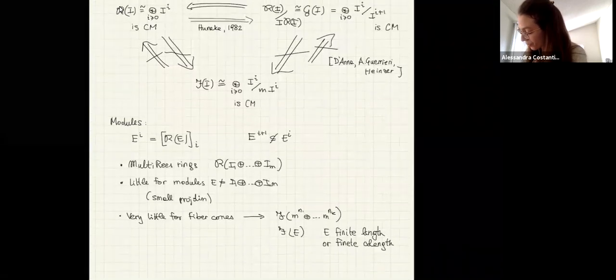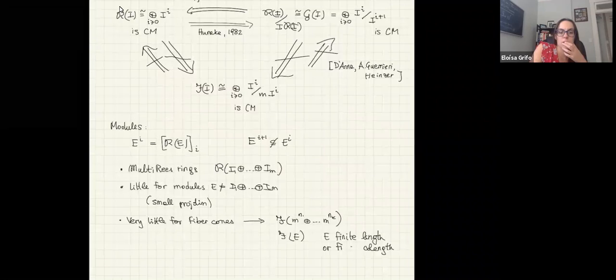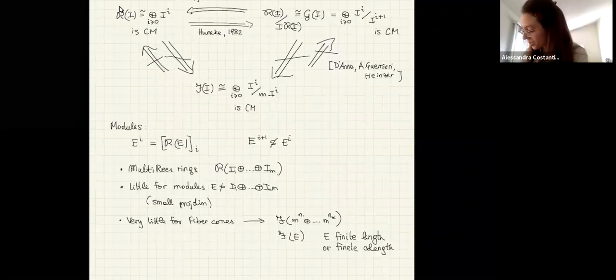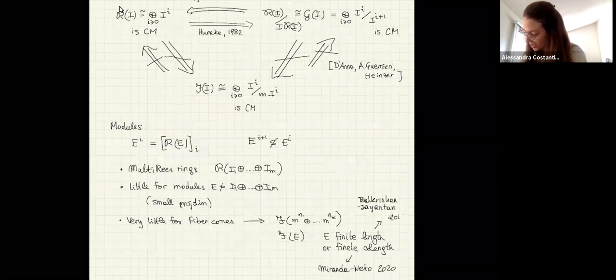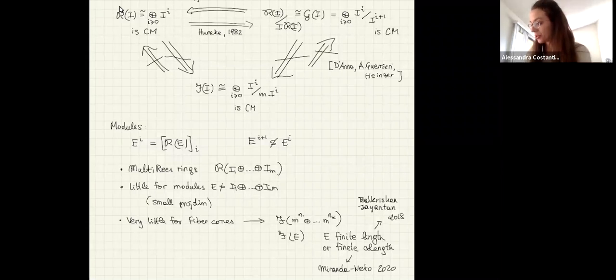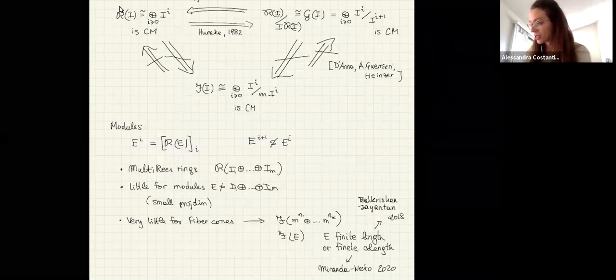And these papers are recent. So these would be Miranda-Neto, published this year. For finite length is Rishan Jayanthan, 2018.